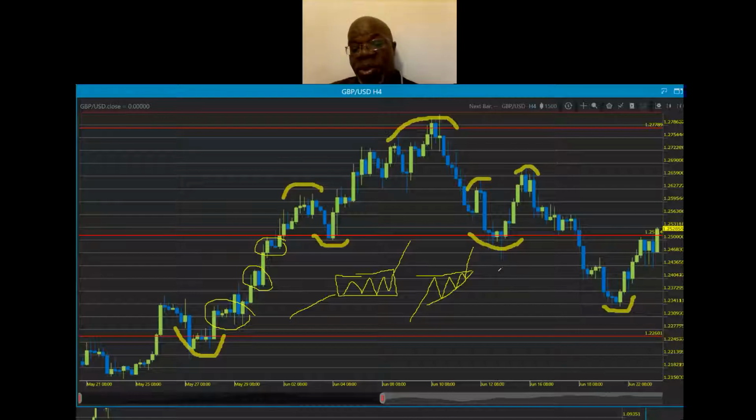And similarly, if it was a descending triangle, it would be something like this. Okay, so the market would come, and then continues, right? So those are continuation patterns.